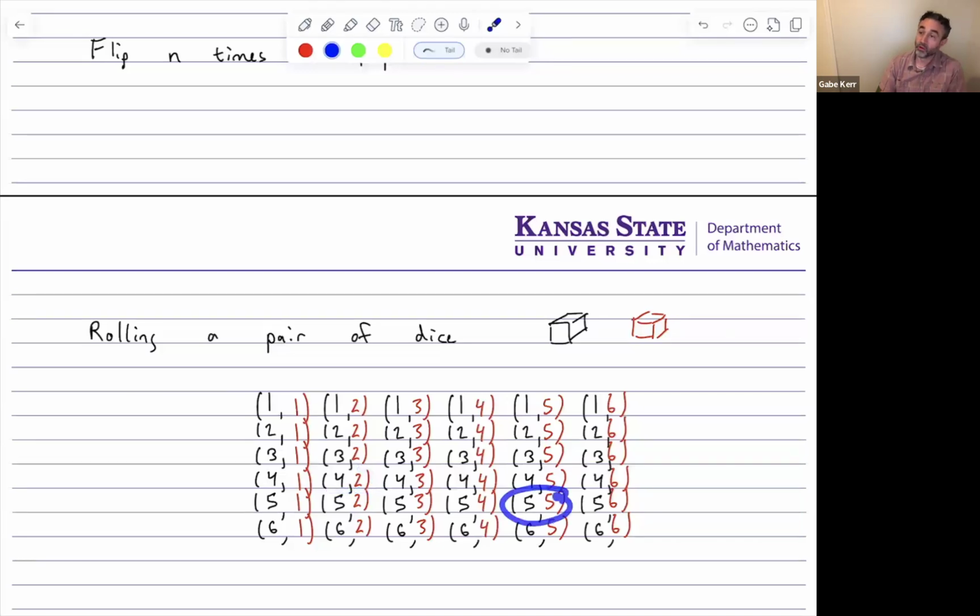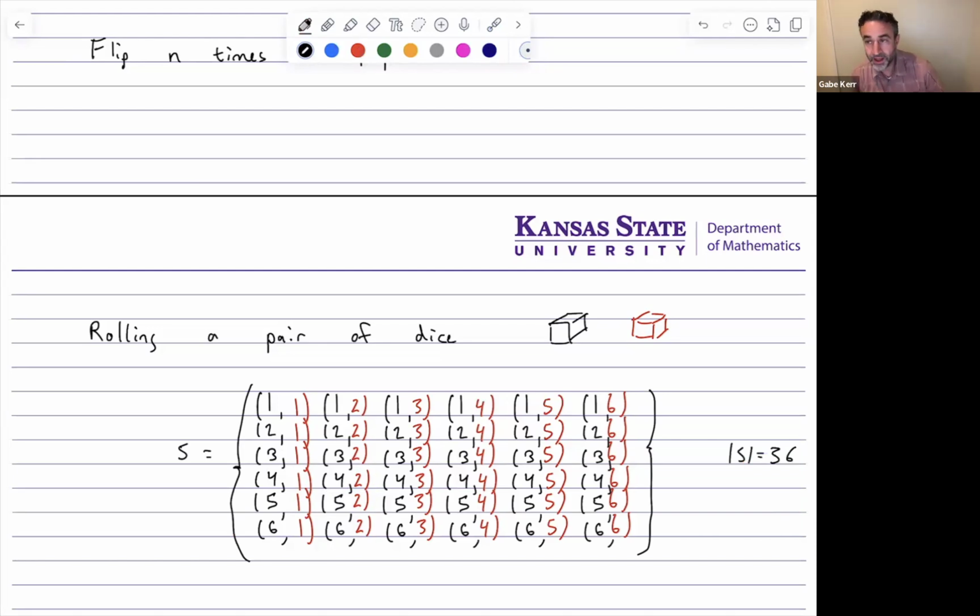If we put this, they both come up as 5s. So this gives us our sample set in the case of rolling 2 dice. And as you can see, there are a lot of different outcomes here. There's 36. 6 times 6 is 36 possible outcomes here.